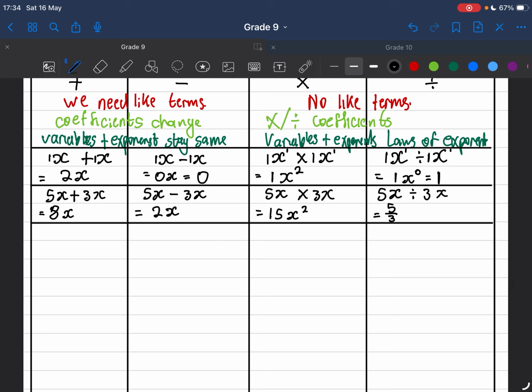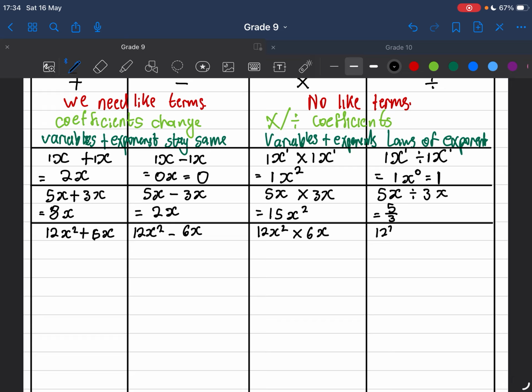So let's try this one here. 12x squared plus 5x. Okay, so make that 6x. 12x squared minus 6x. Then let's do 12x squared times 6x.